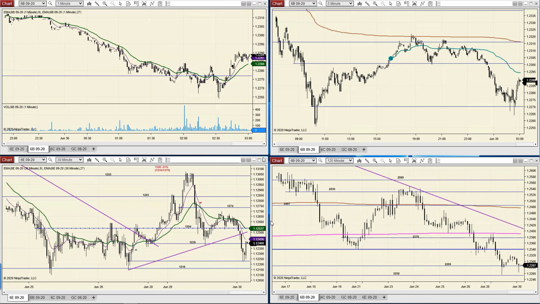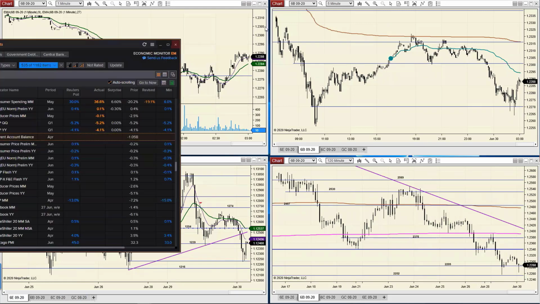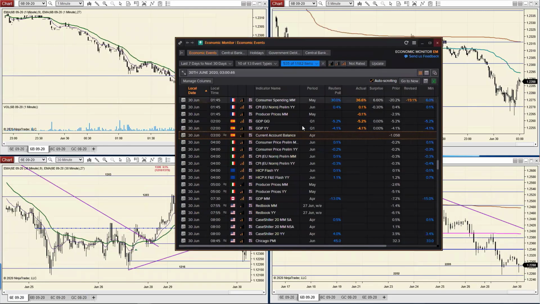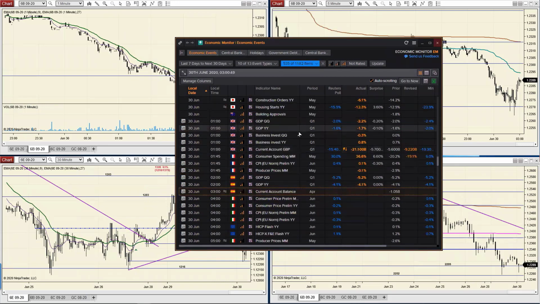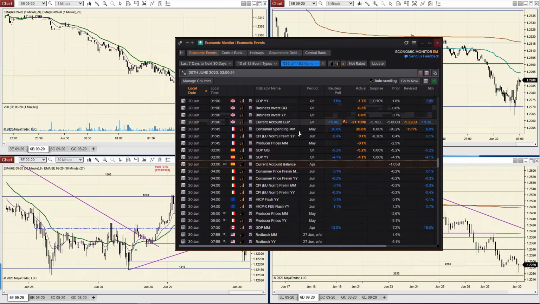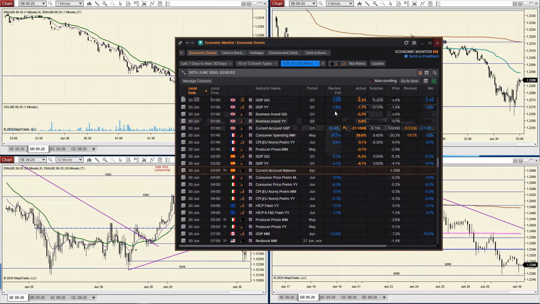We did have data that came out this morning. UK data that came out essentially 2 hours ago was GDP, and that came in pretty much in line, a little bit weaker than what was expected as far as the poll. Looking for 2% lower, they got minus 2.2. Business inventories came in at negative 0.3.